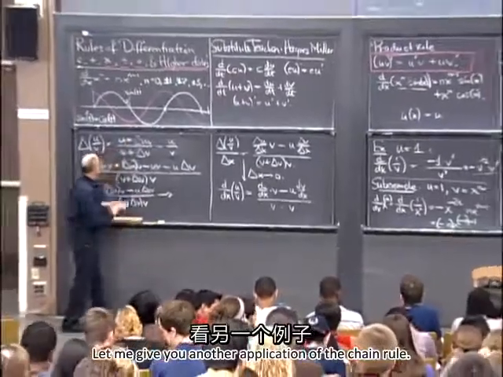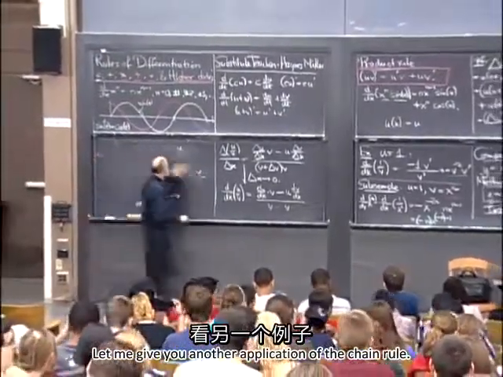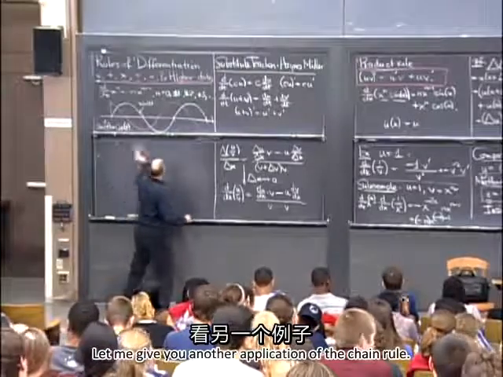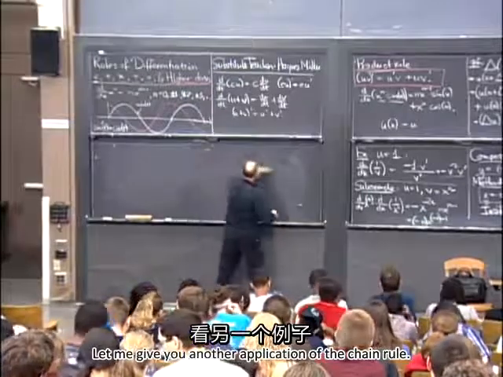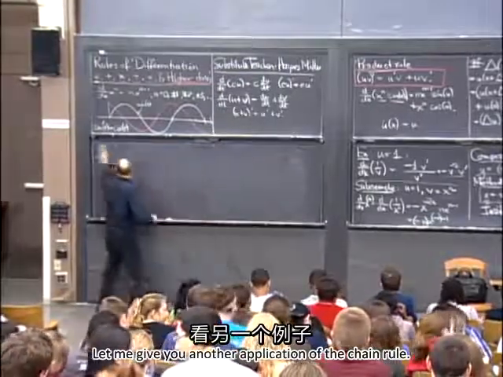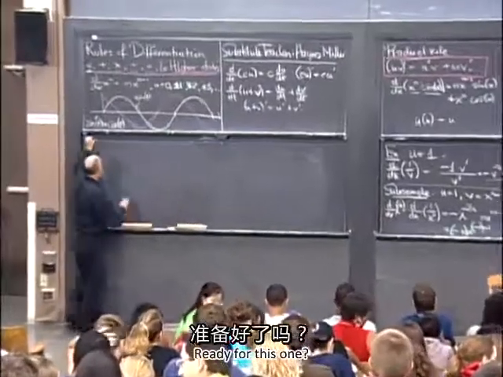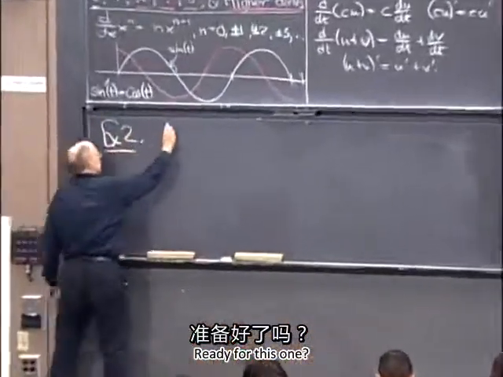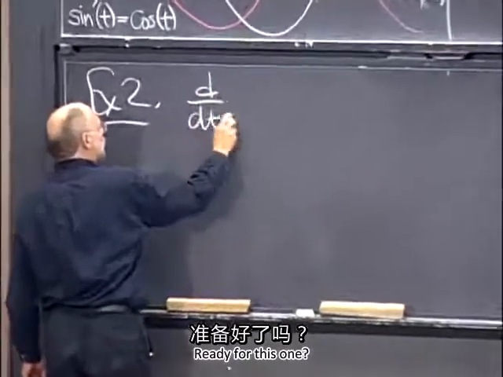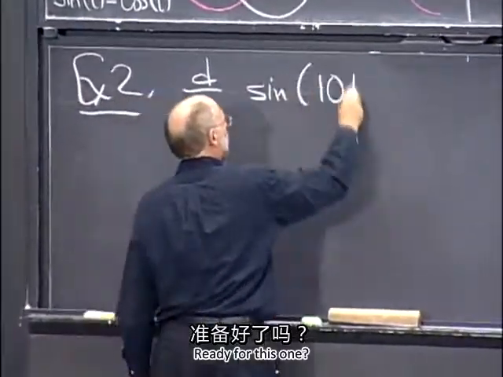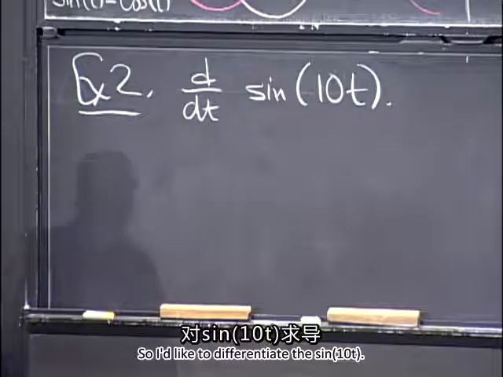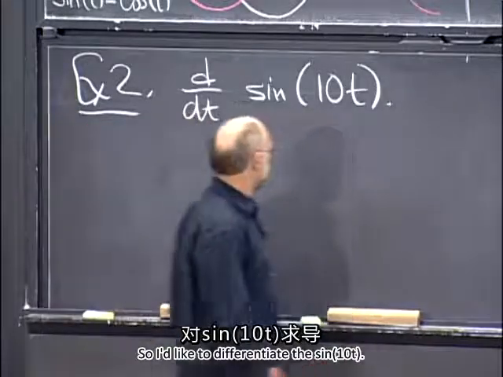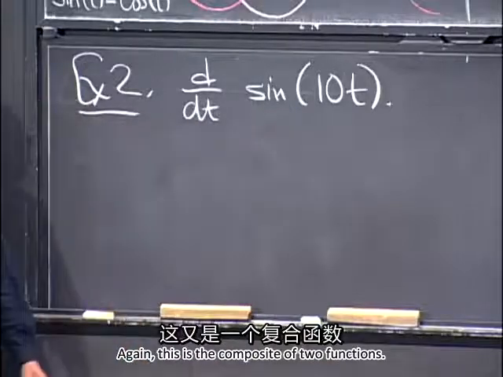Let me give you another application of the chain rule. Ready for this one? So I'd like to differentiate the sine of 10t. Now, this is again a composite of two functions. What's the inside function?